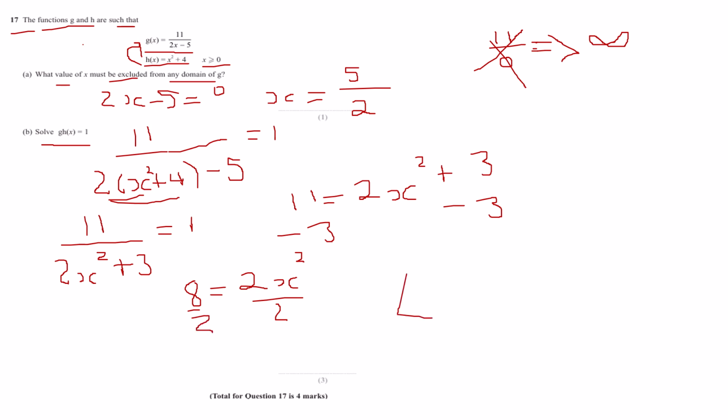We have 4 is equal to x squared. Okay, so let's just rewrite here. X squared equals 4. Okay. The last step, guys, is just to obviously do the opposite of squaring here, which will be square rooting. So x is equal to plus or minus square root of 4, okay, which is plus or minus 2.